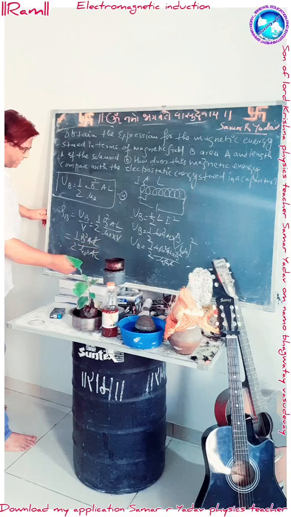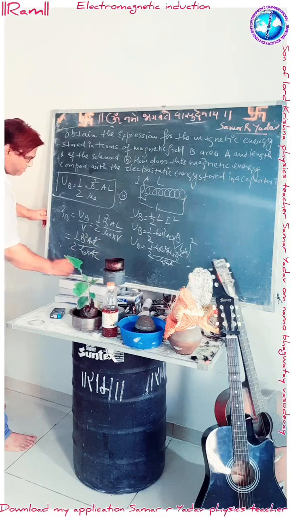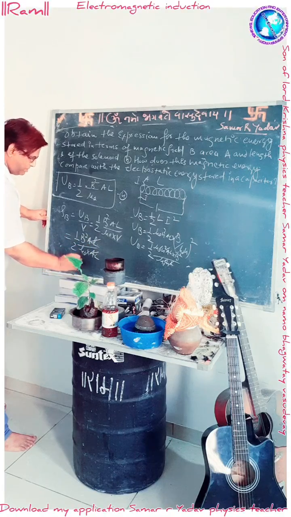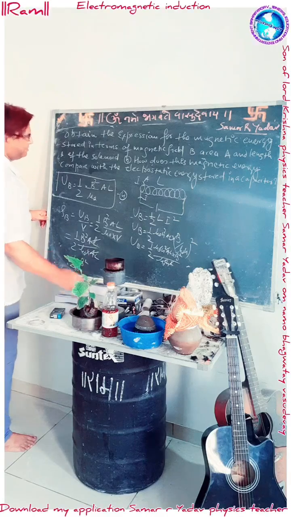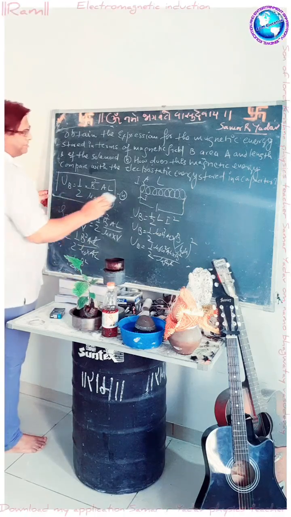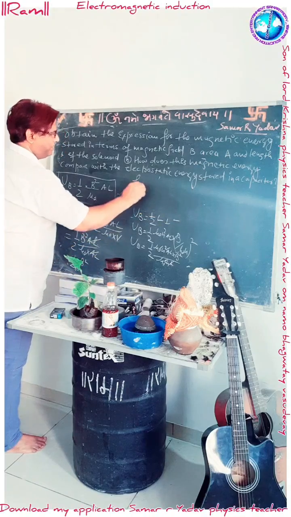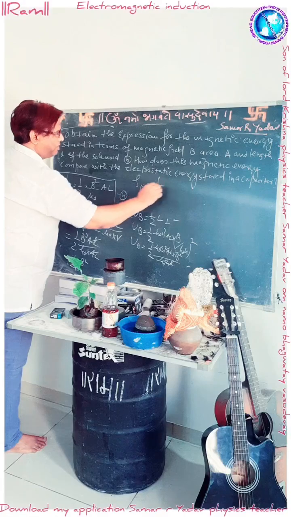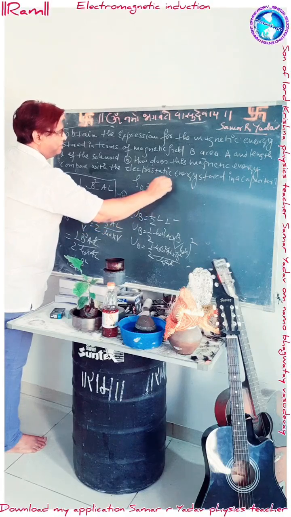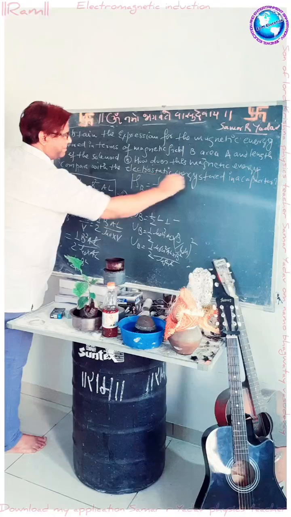So AL will be cancelled, so finally we can get here 1/2 into B square upon mu 0. So the magnetic energy density is given by, that is rho B is equal to 1/2 B square upon mu 0.